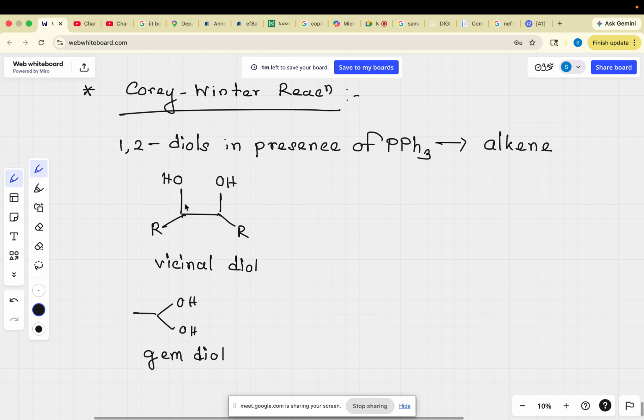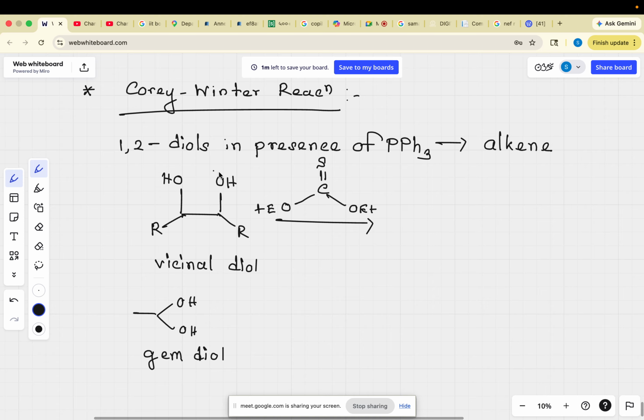So if you use this kind of 1,2 diol, which is basically your vicinal diol, in the presence of PPh3, what will you get? You will get alkene compounds. Now suppose I am using this reagent here, carbon double bond sulfur, with OEt here and OEt here.